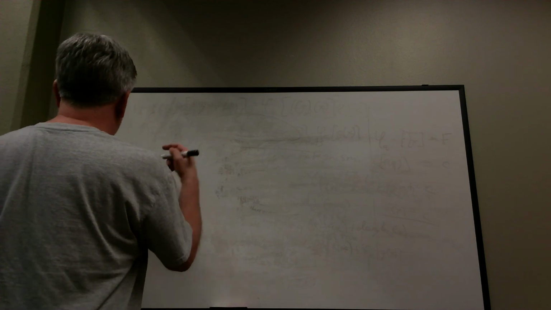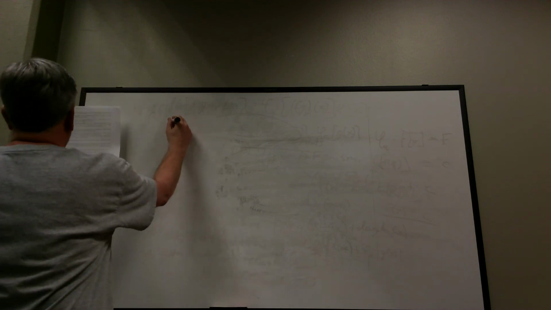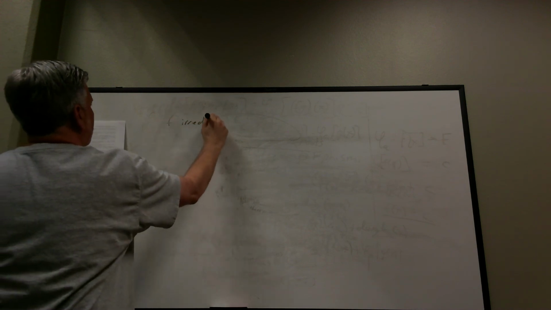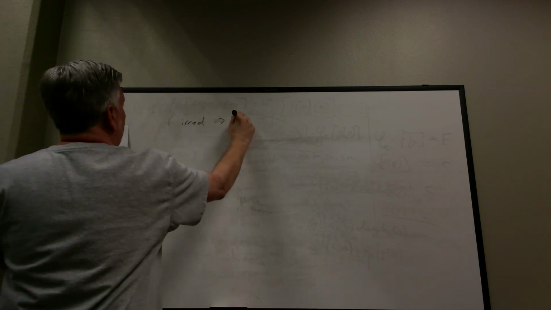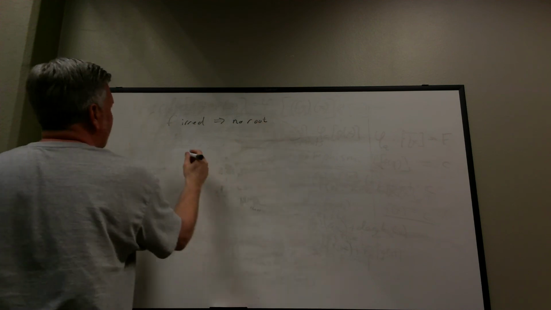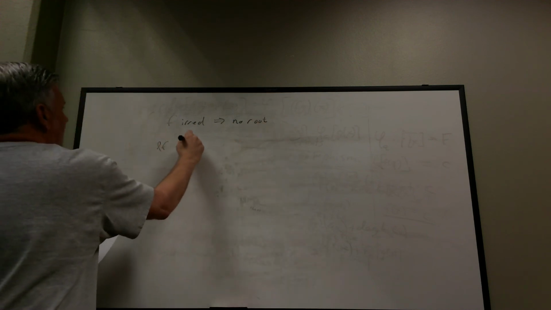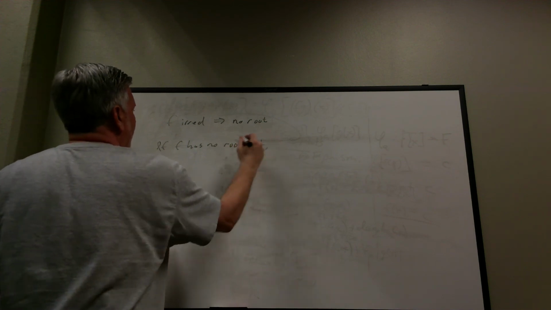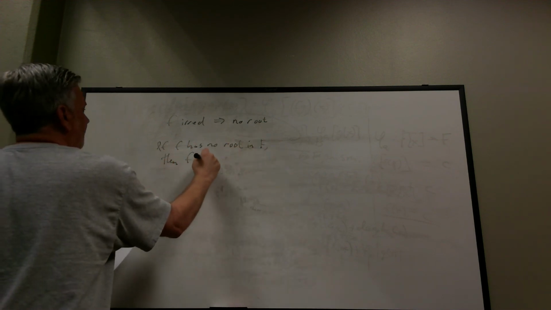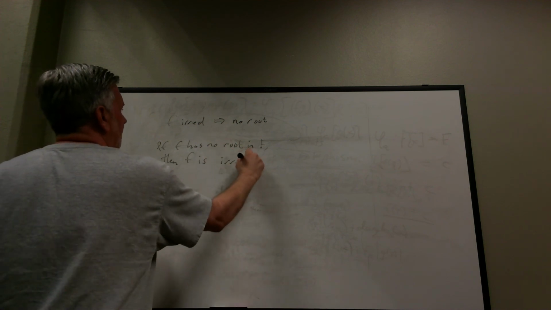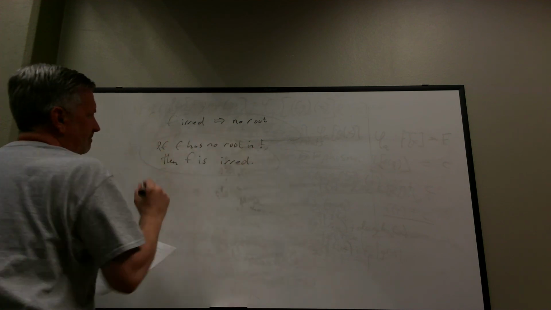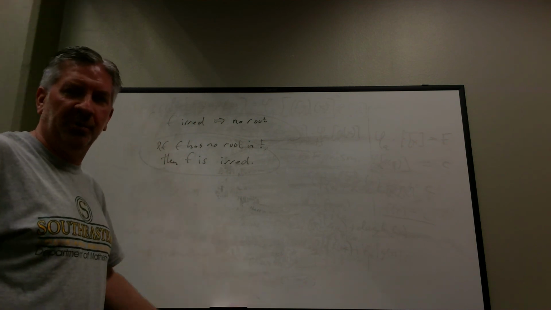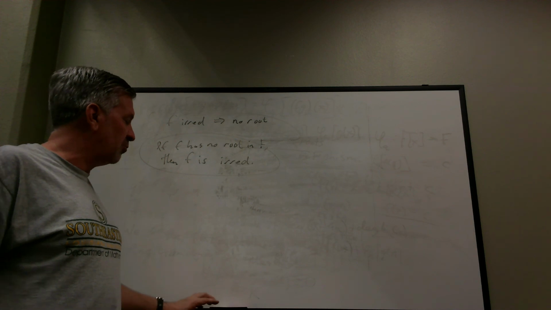So the way the corollary was written, if f is irreducible, that implied no root. Now what's the converse? So if f has no root in big F, then f is irreducible. Okay? This is not true. Okay? So you cannot use this result to show irreducible. You can only use the result to show reducibility.